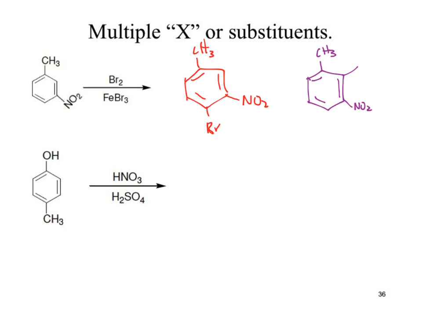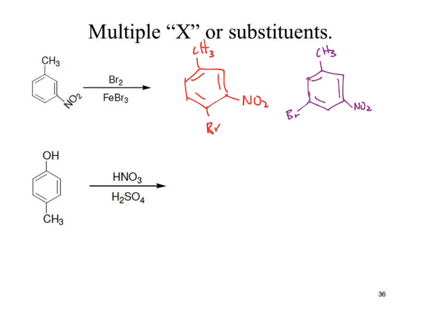So now the question becomes, should the bromine be directed to the meta position because of the nitro, or the para or ortho positions because of the CH3? Meta position because nitrogen is charged. What must our ring act as? A nucleophile.